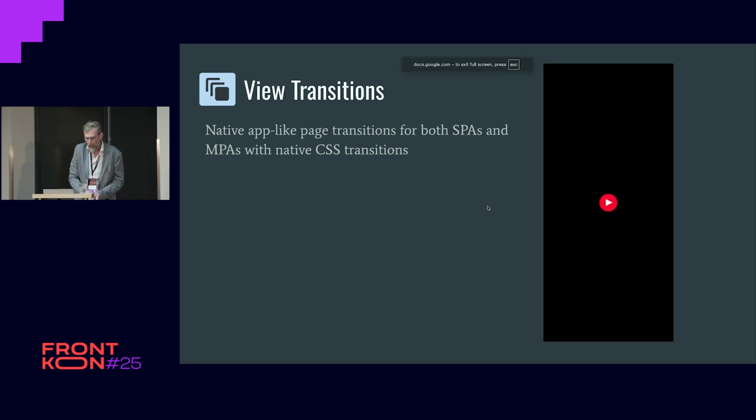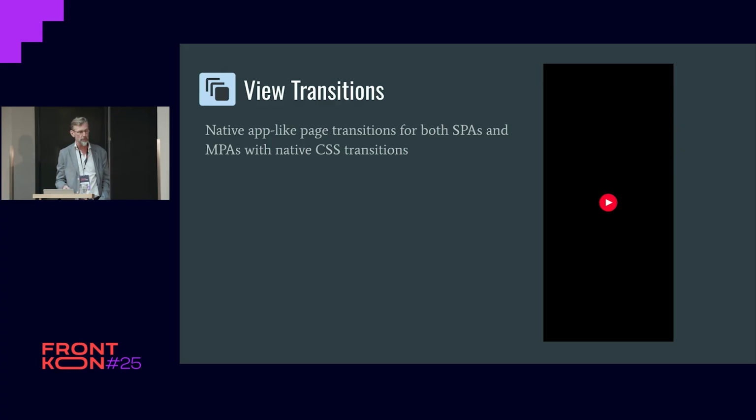Okay, that looks better. View transitions is a new API. If you have used native apps, you're probably familiar with the page transitions that you often see in native apps. For example, if you go to the next page in a native app, you will see it sliding in from the right, and then when you go back, it will slide back to the right. These page transitions are now also available for web apps.